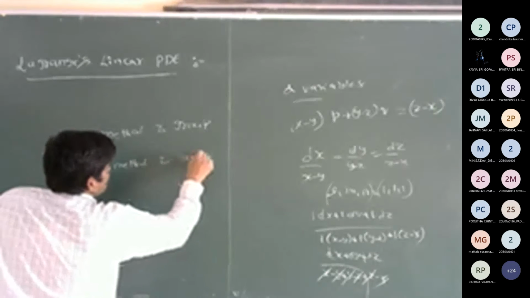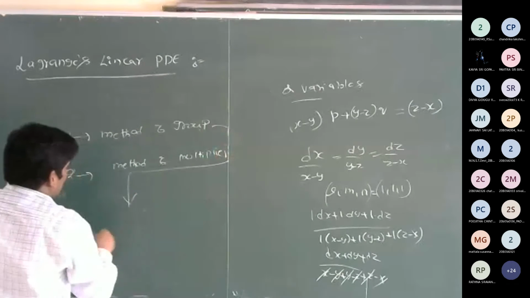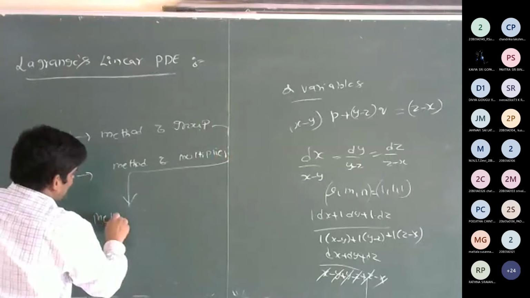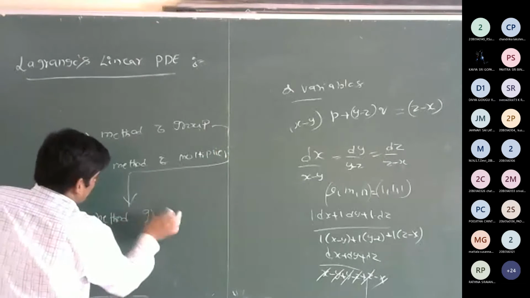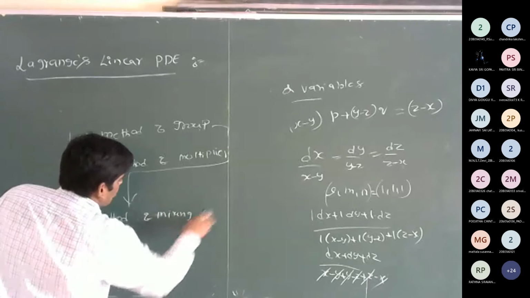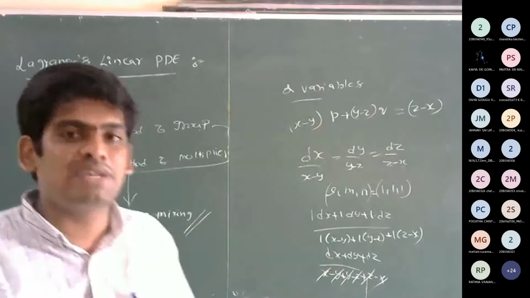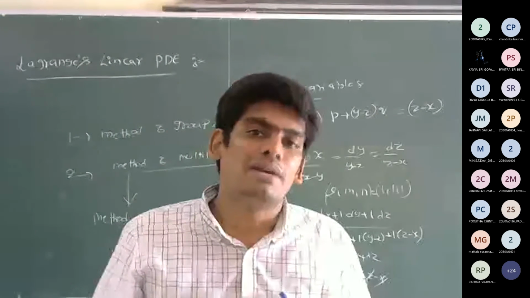This common method is called the method of mixing. The method of mixing is nothing but the method of grouping and the method of multiplication together.